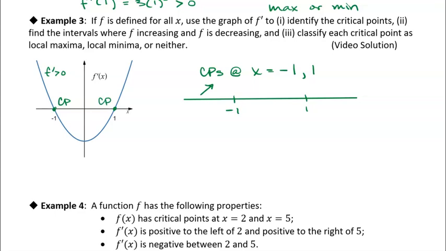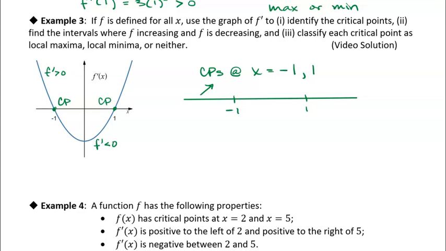Okay, so then I'll draw a little arrow with a positive slope to indicate that the function f is increasing. All right, now between -1 and 1, the values of the derivative are negative. I'll write that down: f prime is less than 0 down here, because it's below the x-axis.